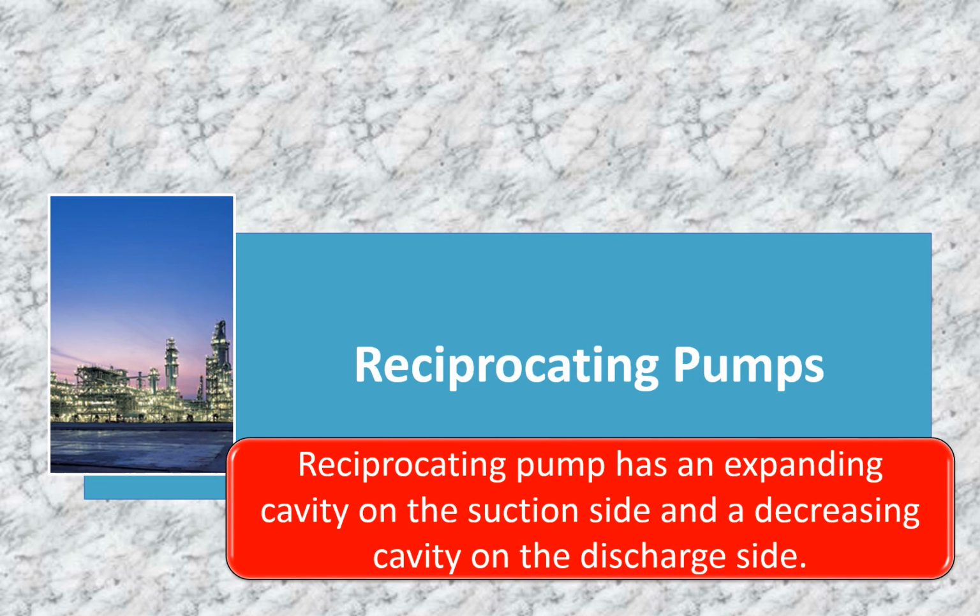Let us now understand the main types of pumps under the two categories, reciprocating pumps and rotary pumps. A reciprocating pump has an expanding cavity on the suction side and a decreasing cavity on the discharge side.